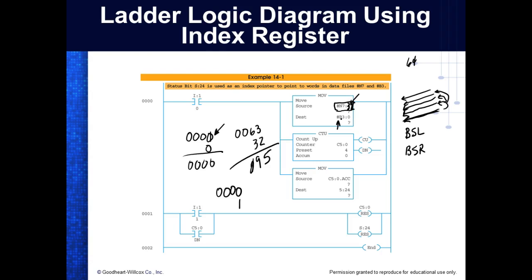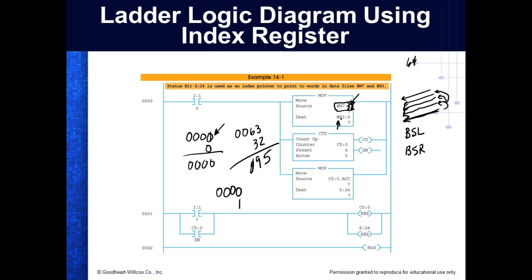And then the next time, the index register would have 1 in it. So where would it go the next time? It would go to B3 plus 0 would be 1, right? You understand? B3, 1. So that's the way it works.